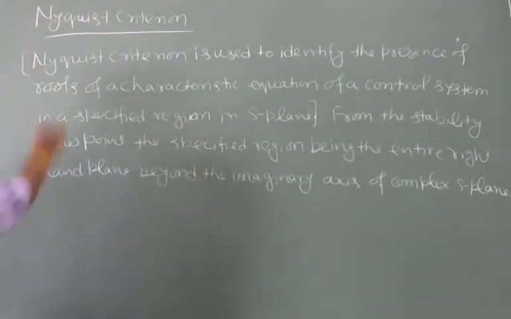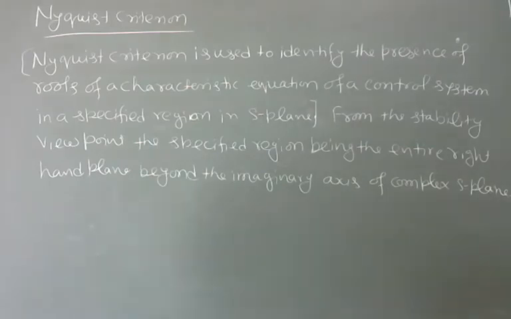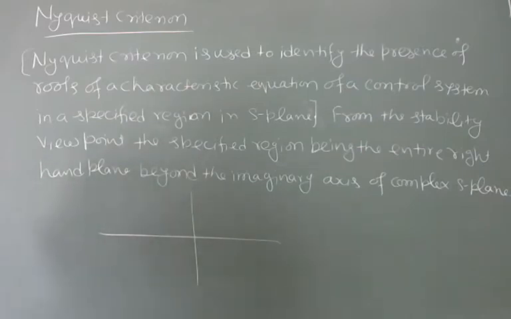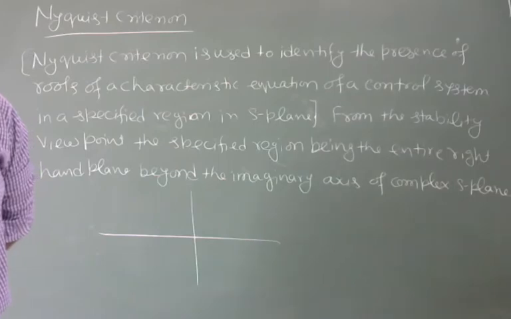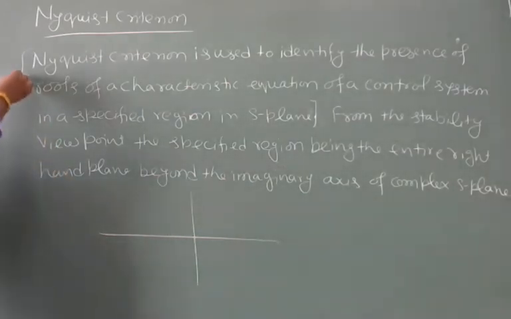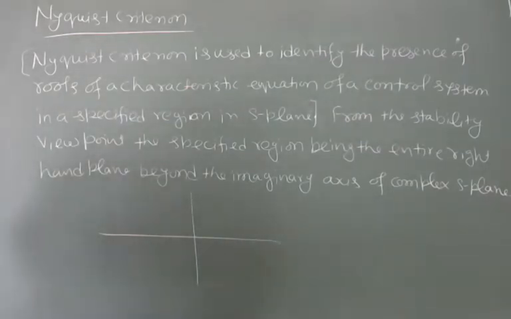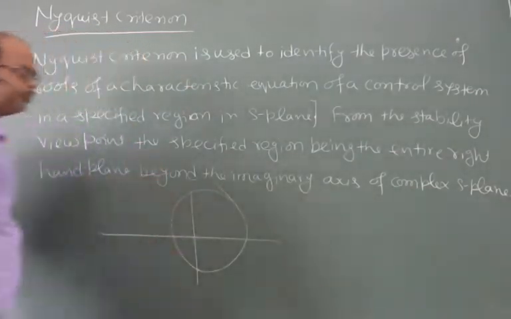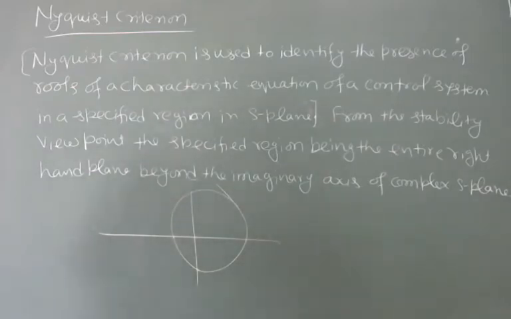So if I make a specified region in this S plane, then by using Nyquist criteria, we can identify the number of roots in this specified region. Right?